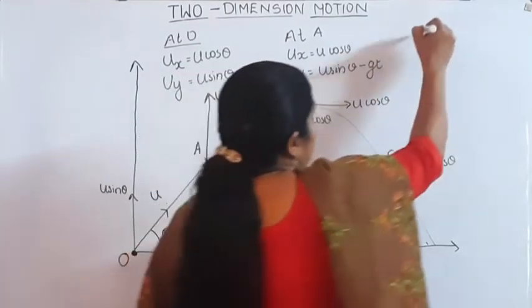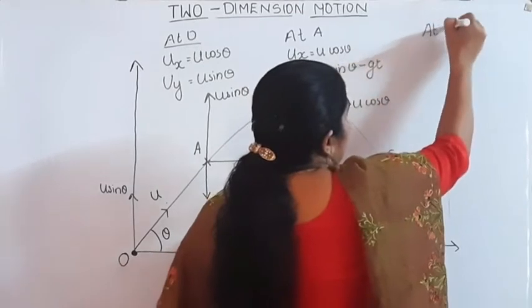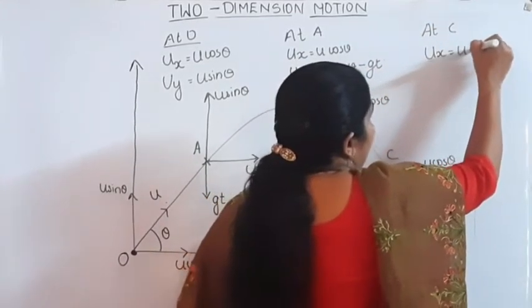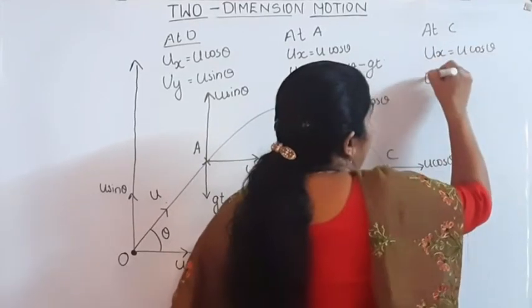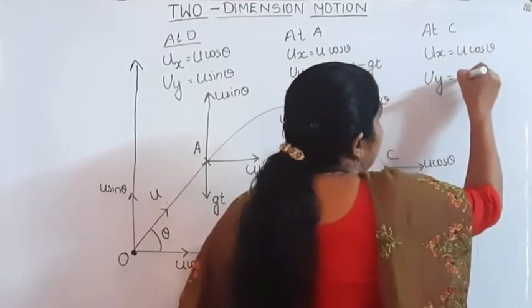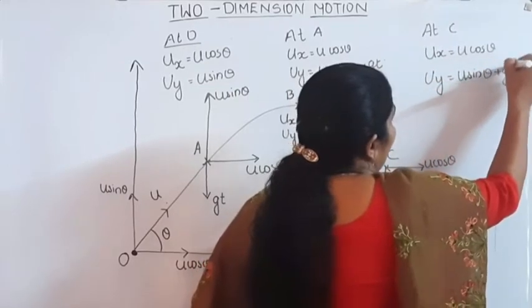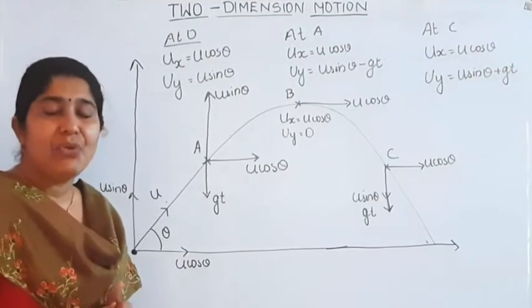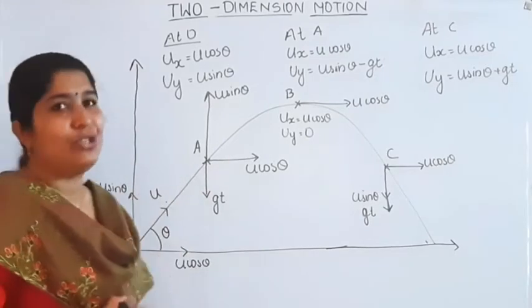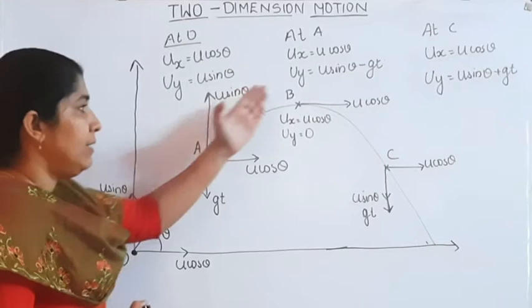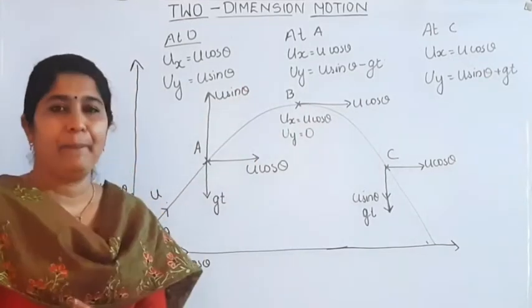Then at C, ux is equal to u cos theta and uy is equal to u sin theta plus gt. Okay, these are the equations for the velocity of the projectile at the points O, A, B and C respectively.